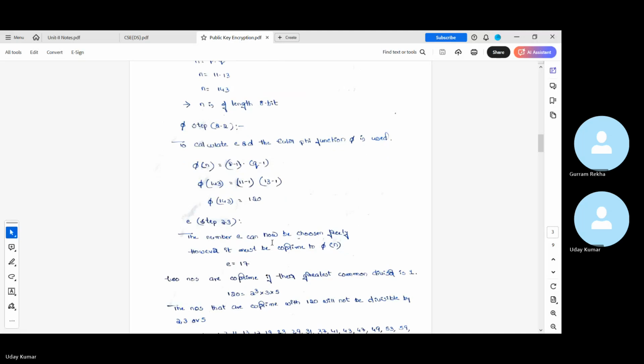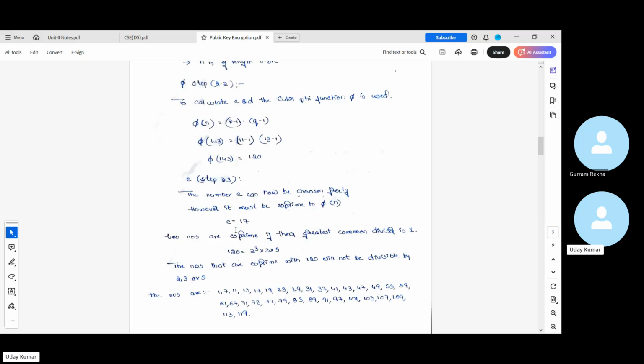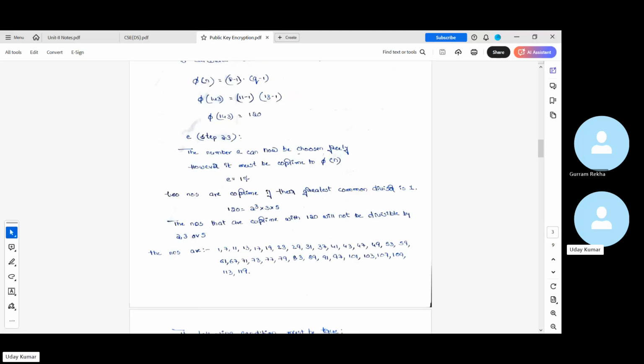The number e can now be chosen freely. However, it must be co-prime to 120. Here the chosen number is 17. You can choose any. Two numbers are co-prime if their greatest common divisor is 1.